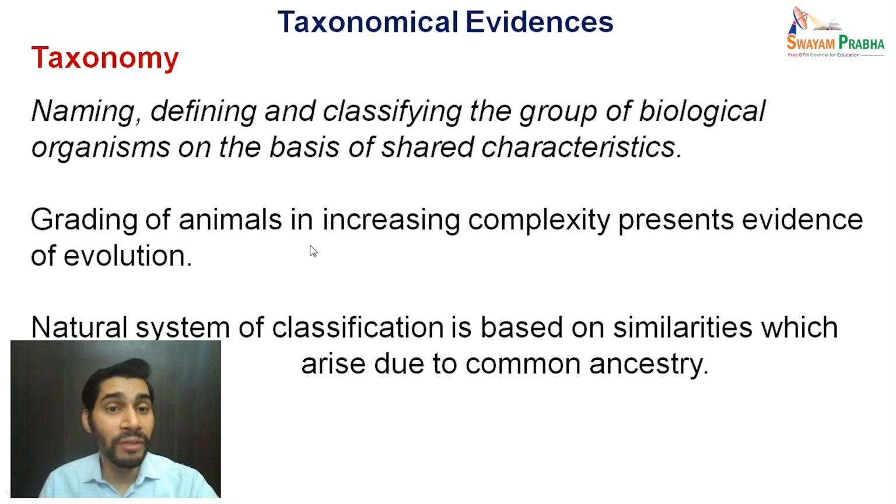Now, this grading of animals into subsequent groups of increasing complexity presents evidence of evolution. The natural system of classification by Carolus Linnaeus is based on similarities which arise due to common ancestry. So again, it is the phenomenon of common ancestry which has led to the evolution of different life forms. Classification in itself is dependent on similar characteristics which arise because of common ancestry.